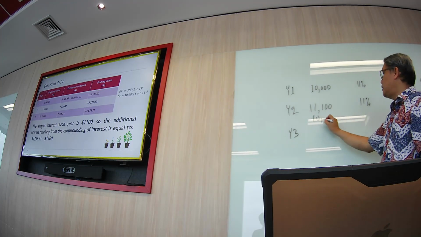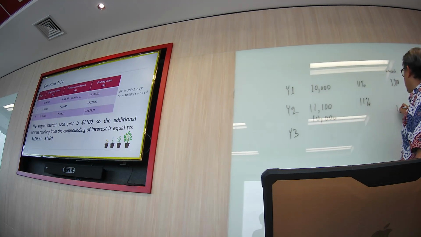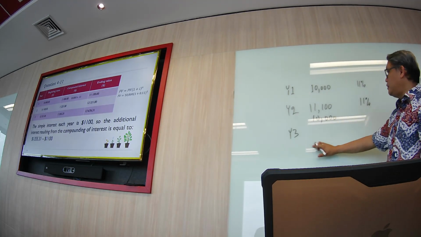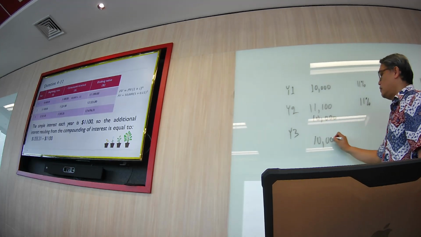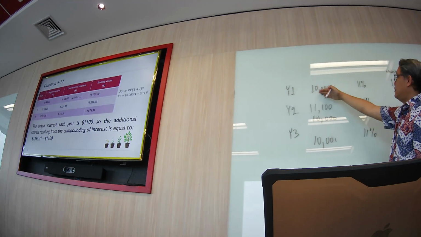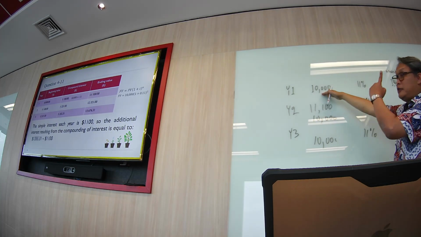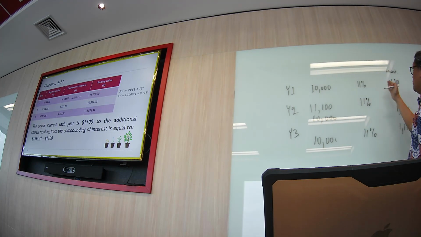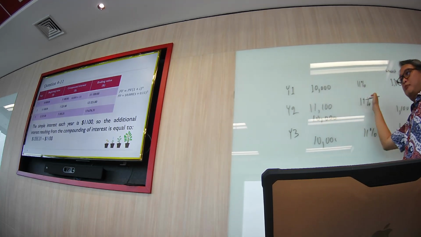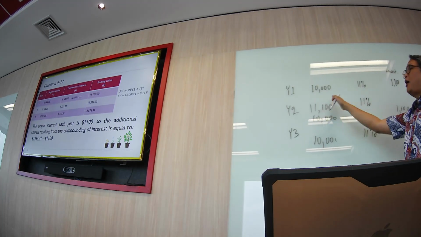Again, you have 1,100. And on the third year, you start again with 10,000. So this is a simple interest, 11%, and you get 1,100. But using compounded, you add the value of 10,000 plus 1,100, and start with compounded times 11%. So this is compounded.